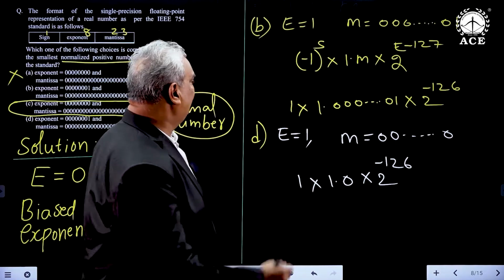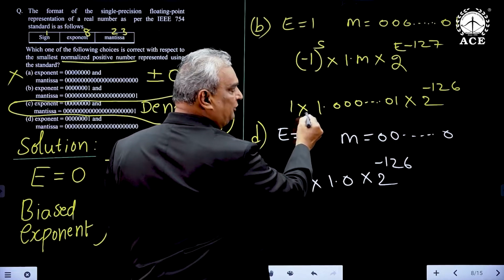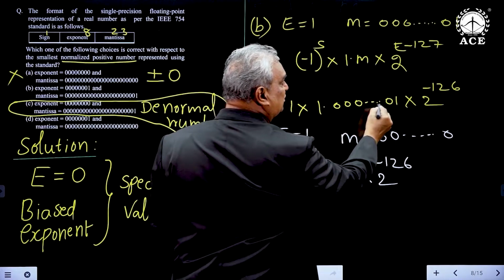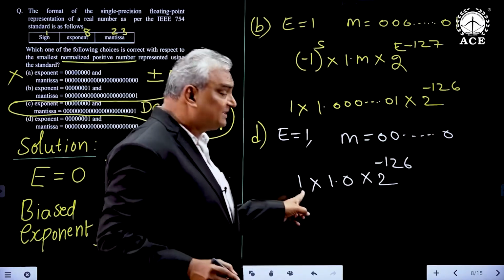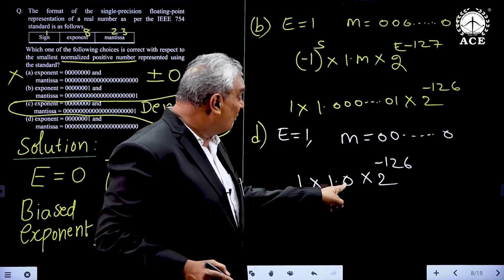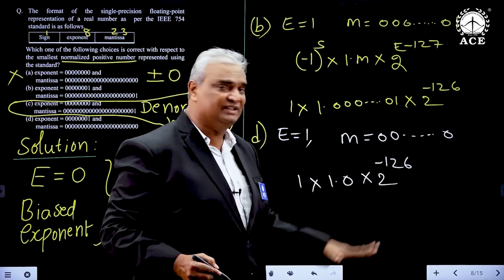Finally, option B is 1 into 1.00001 into 2 power minus 126. Option D value is 1 into 1.0 into 2 power minus 126.